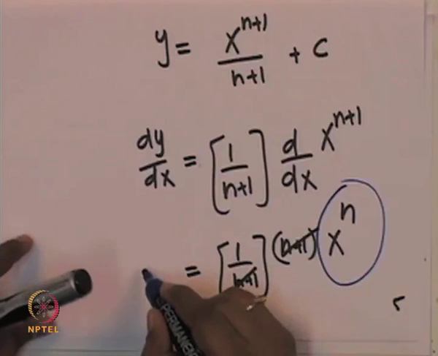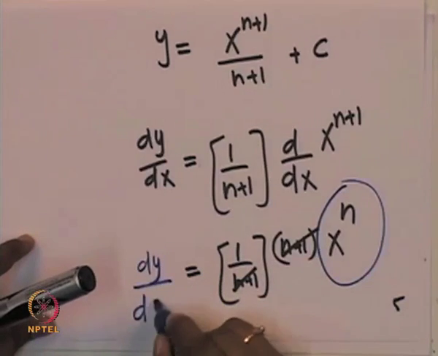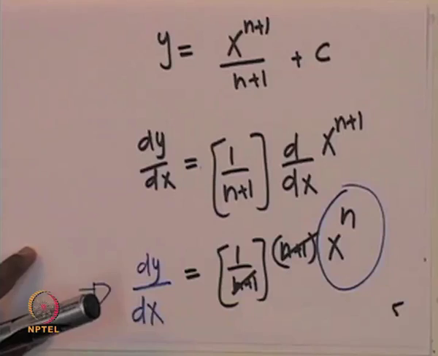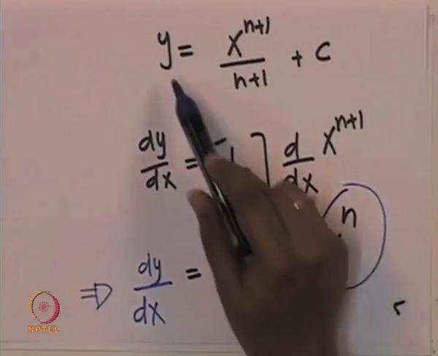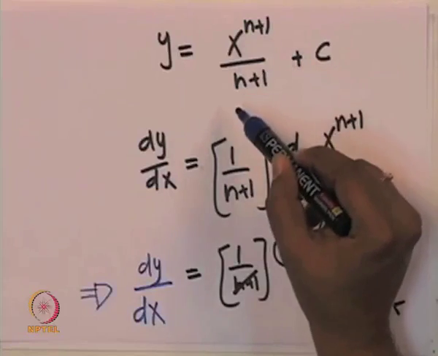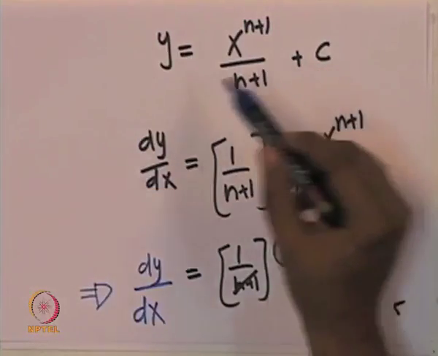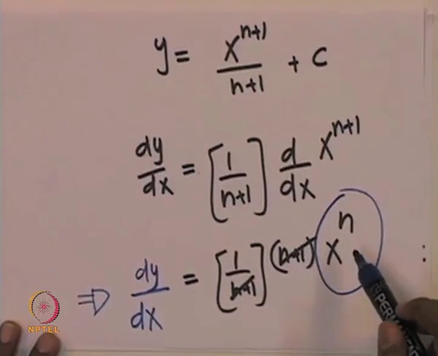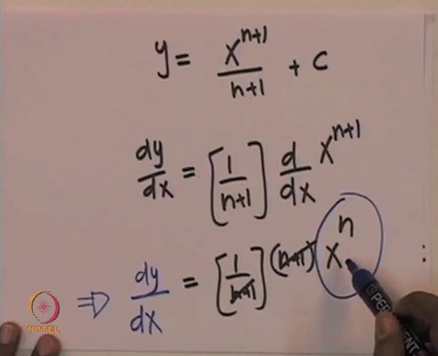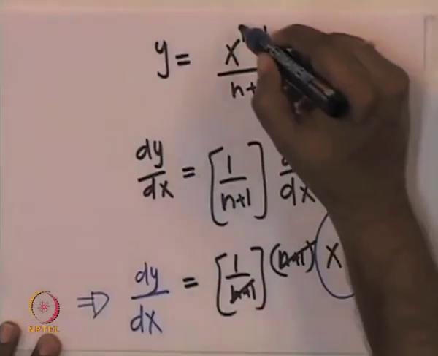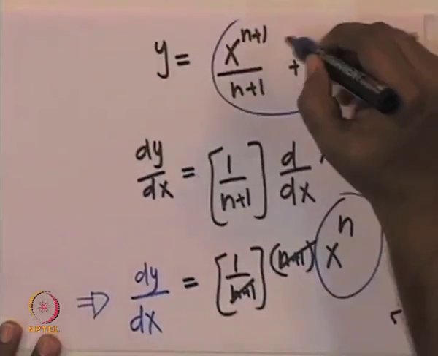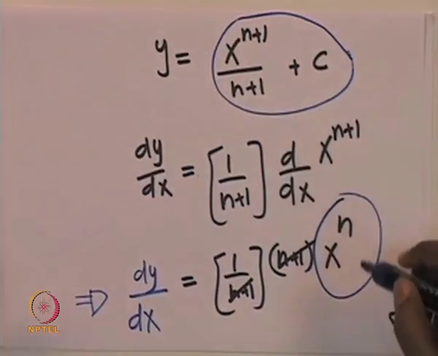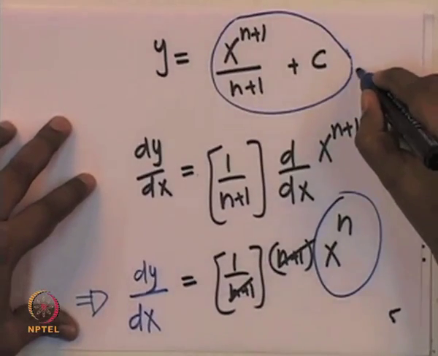So, dy by dx finally is x power n. If you have y equal to x power n plus 1 by n plus 1 plus a constant, and you find the derivative of this, you will get x power n. In other words, if you have x power n as the derivative, the integral of that is this. So, these are complementary.